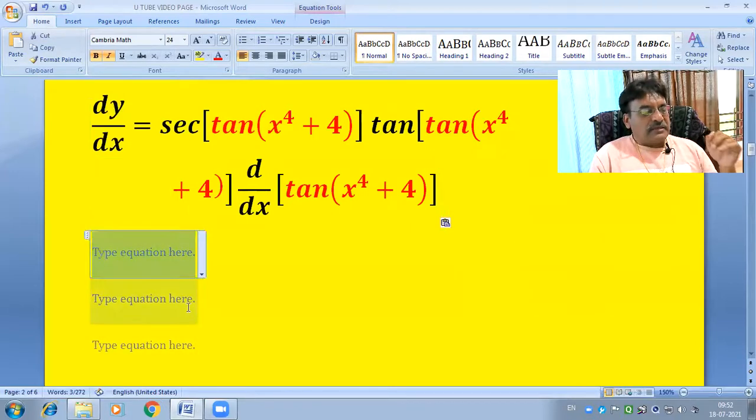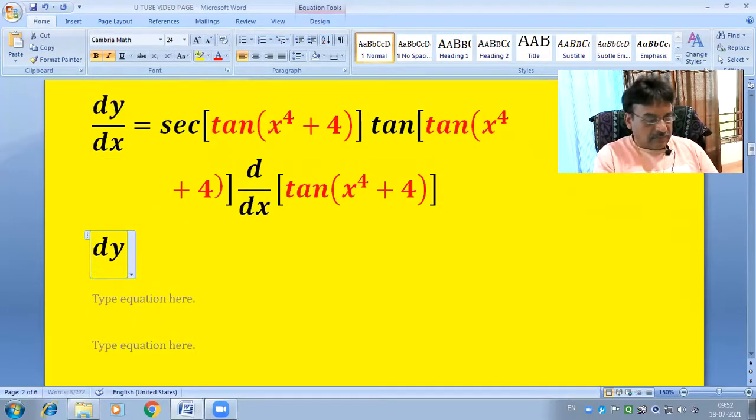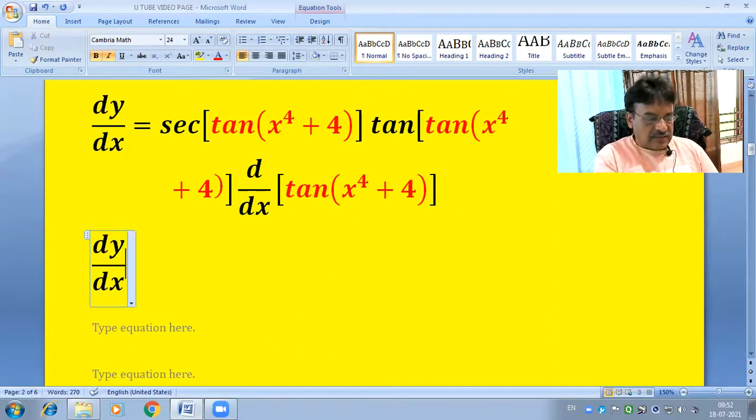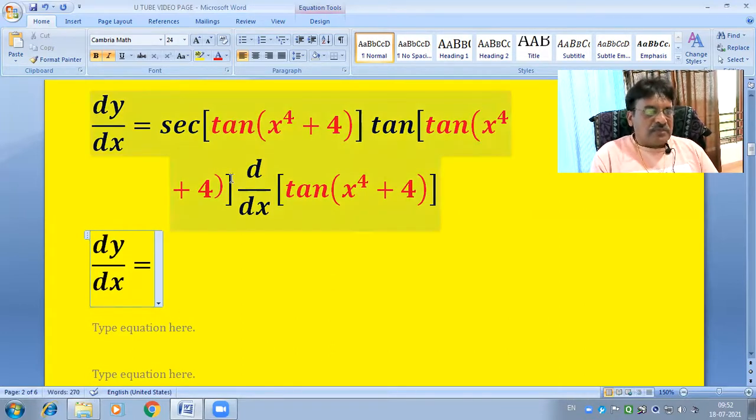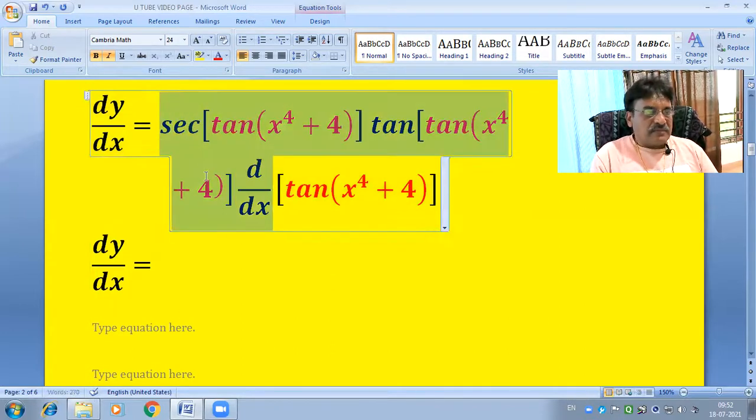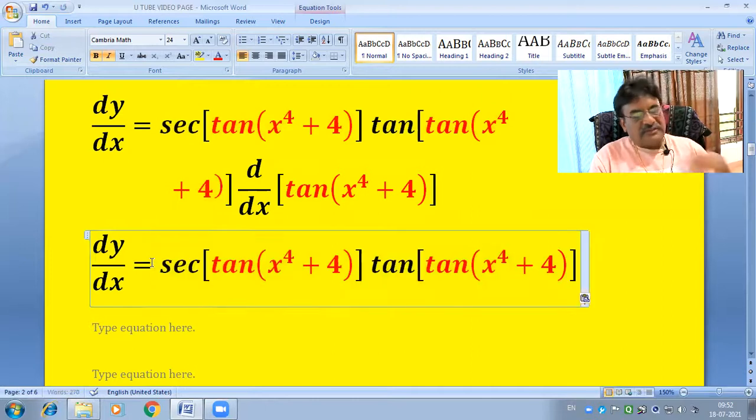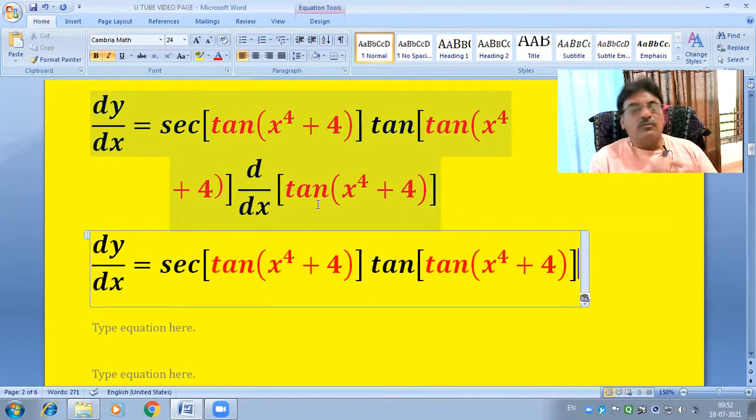Therefore, dy by dx is equal to, up to this step, as it is. So we write this as it is. Next, we find d/dx of tan x to the power 4 plus 4.